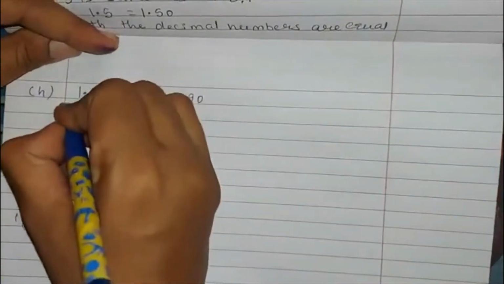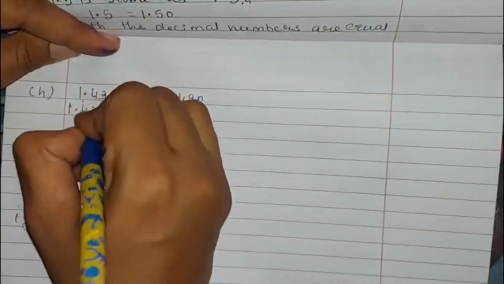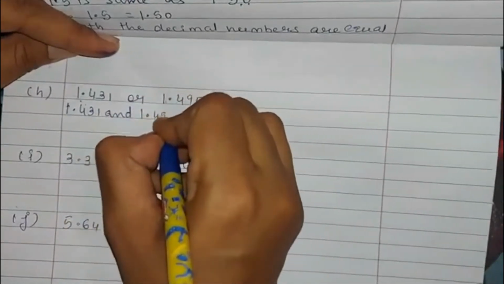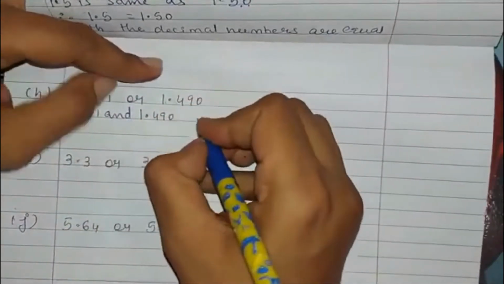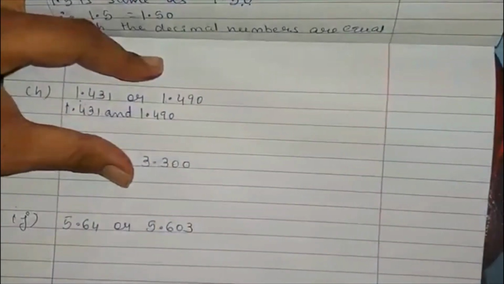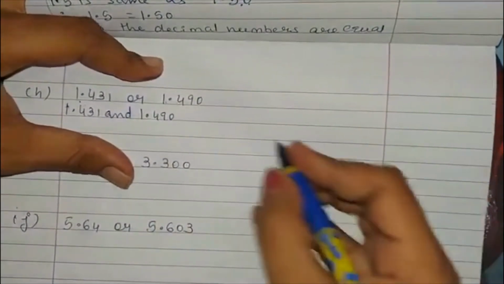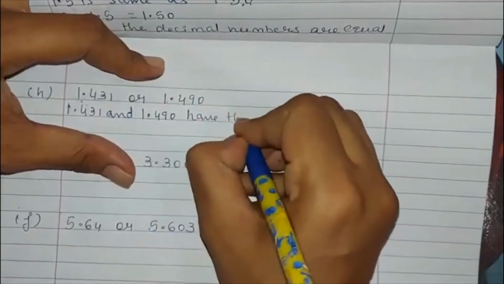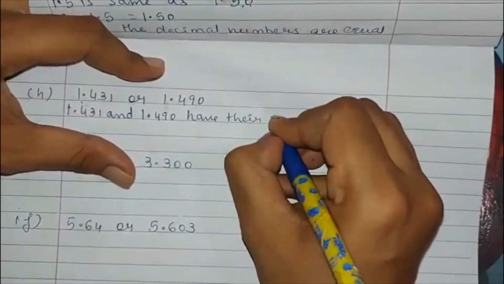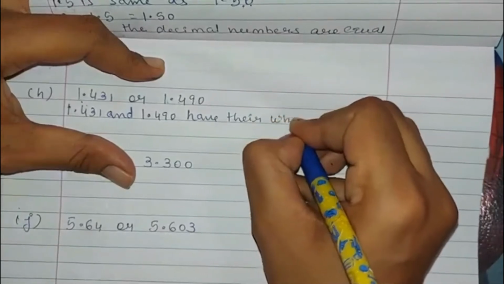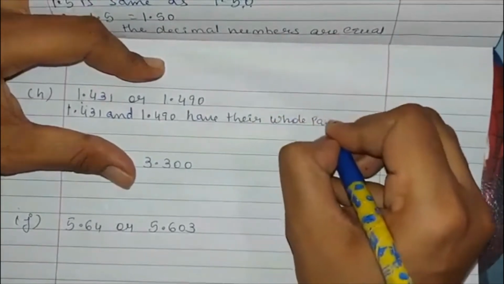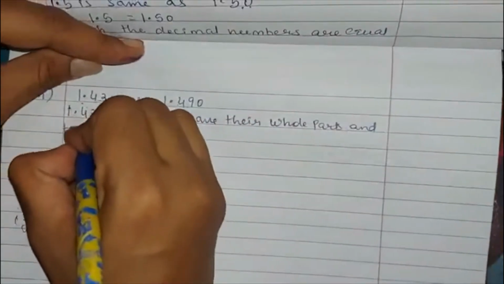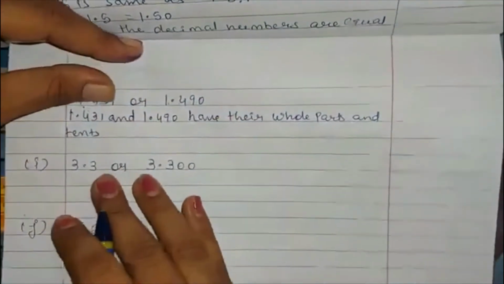So first of all, 1.431 and 1.490 have their whole parts and their tens digits equal.